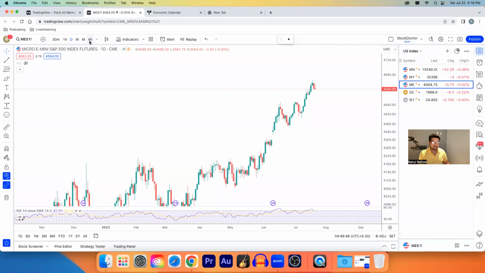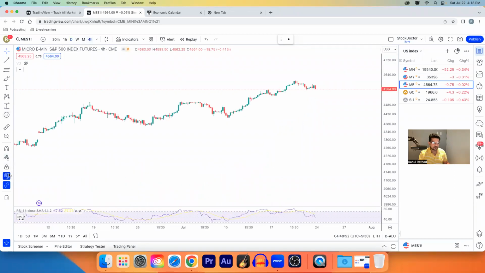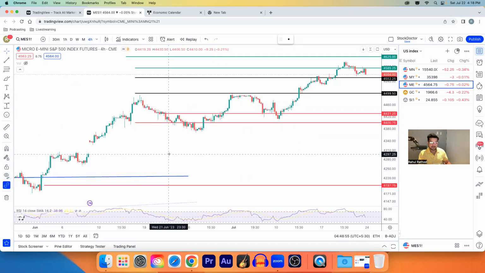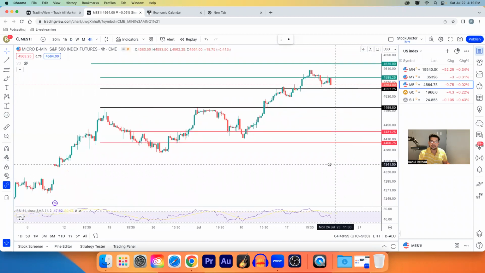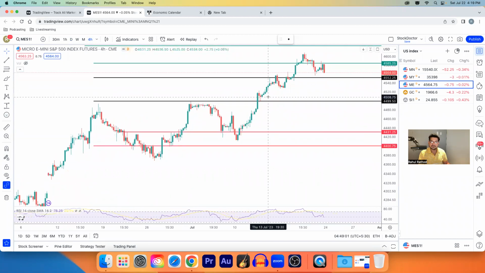And if we check the 4 hourly chart and unhide our drawing, let's try to make the levels. Okay, so the levels are pretty clear. On the 4 hourly chart also, it has created a bearish engulfing pattern.